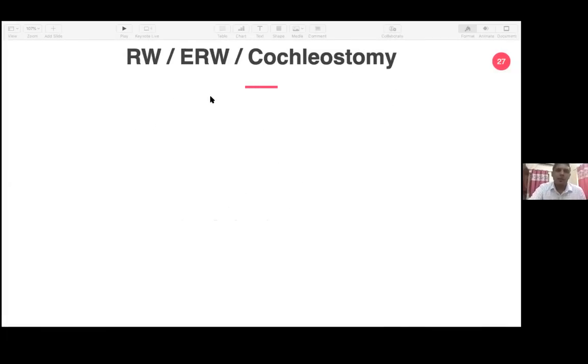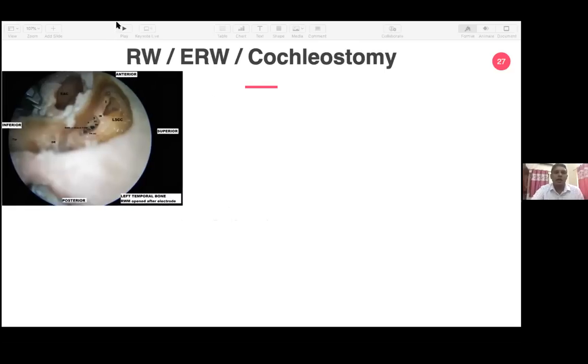Now, we should always try to do a round window insertion in as many cases as possible. Suppose the round window accessibility is not that great and the STH classification is somewhere around grade 3 or grade 1, but one still doesn't want to go ahead with a cochleostomy.